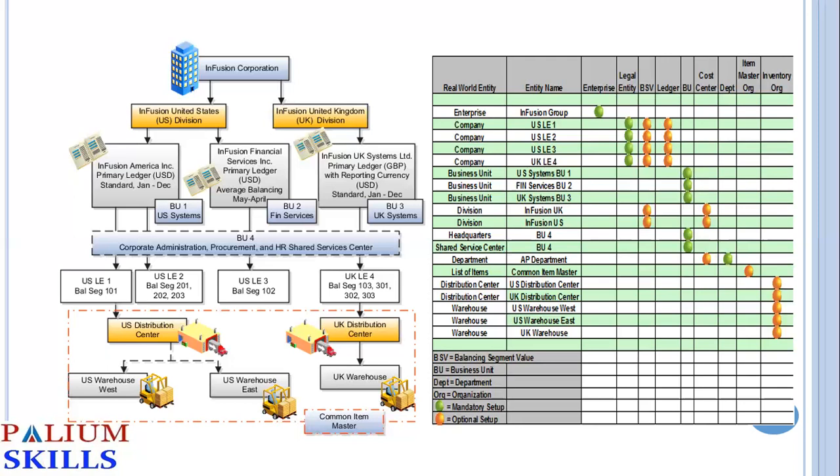Okay. And below that, this is typically the different organizations that may be defined in the respective modules. Here they have given the example of the inventory organization, where there is a distribution center and these are warehouses where the finished goods are being stored.